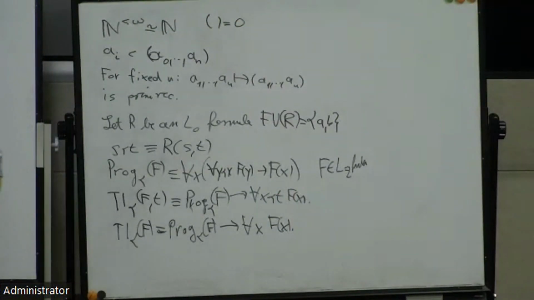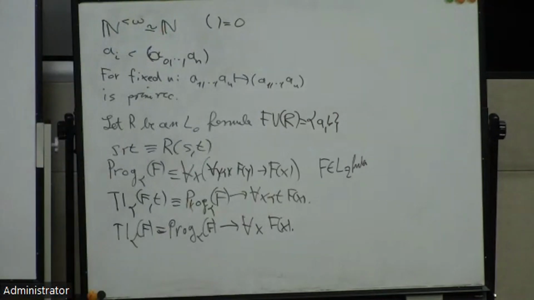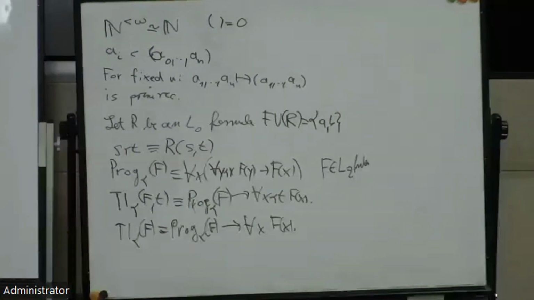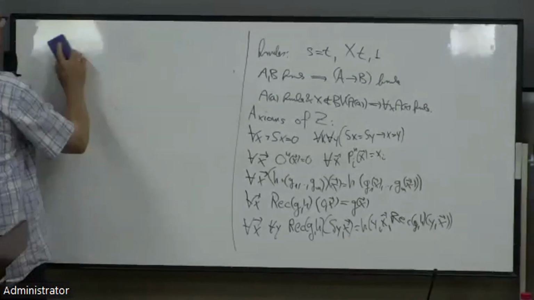Now, the next goal is to prove transfinite induction for initial segments of epsilon 0. For this, I have to define what this means. So I will give a concrete definition of an ordering, which is primitive recursive.